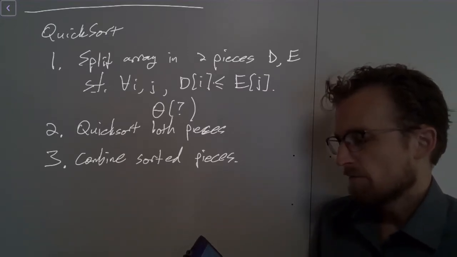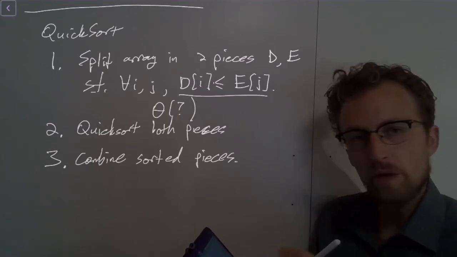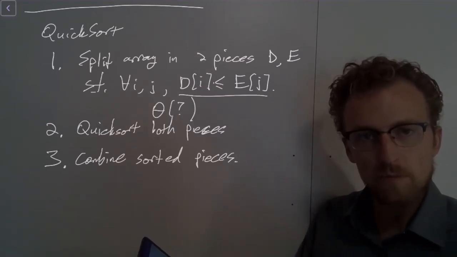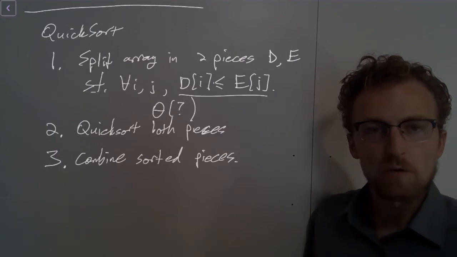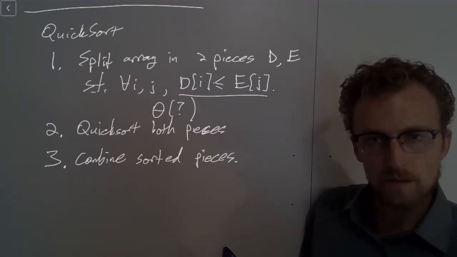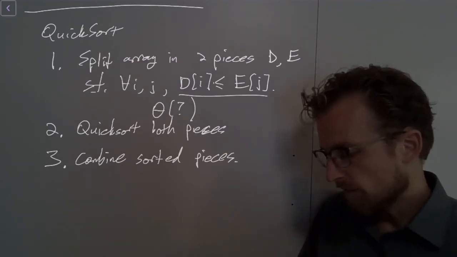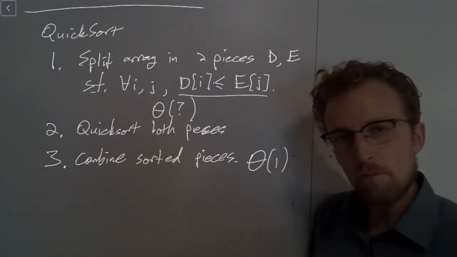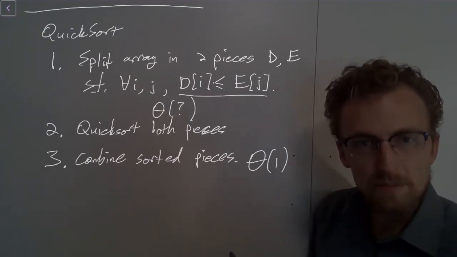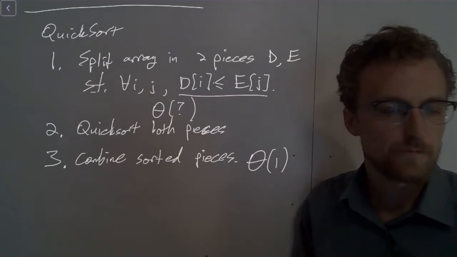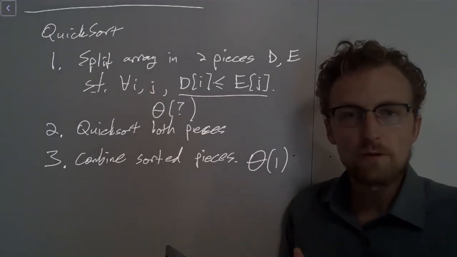This is because when we initially split our array into two pieces, we guaranteed that everything in one piece was less than everything in the other piece. So no matter what happens, this is at most a constant time operation, maybe even a zero time operation. This is the idea of quicksort.